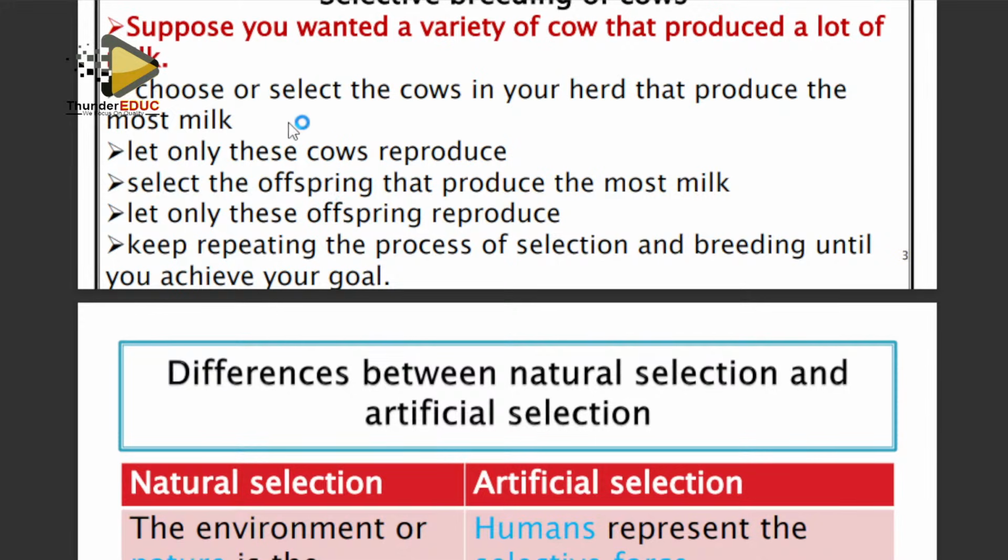So what do you do? Go to the herd, select the organism which has the desirable characteristics, the characteristics you are looking for. For example, production of milk, production of meat, production of maize with a big mealie cob. Whatever they are asking you.